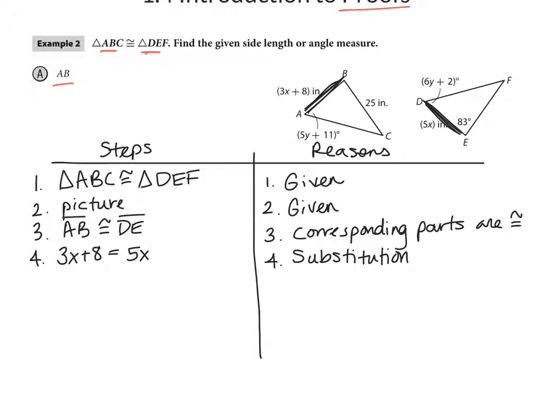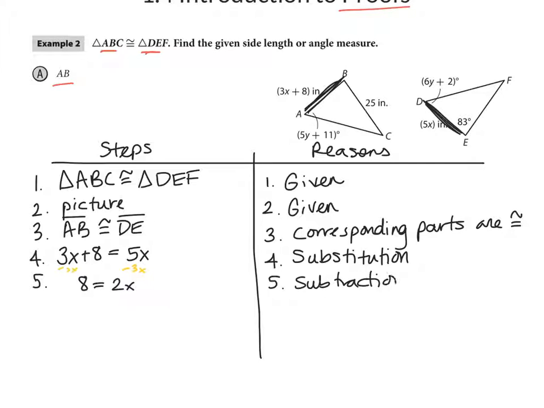All right, so step 5 would be to solve that equation, and we're going to write out all the steps we're doing there too. I think you see we should subtract 3x here, and then my new equation says 8 equals 2x. The step I used just then was subtraction.